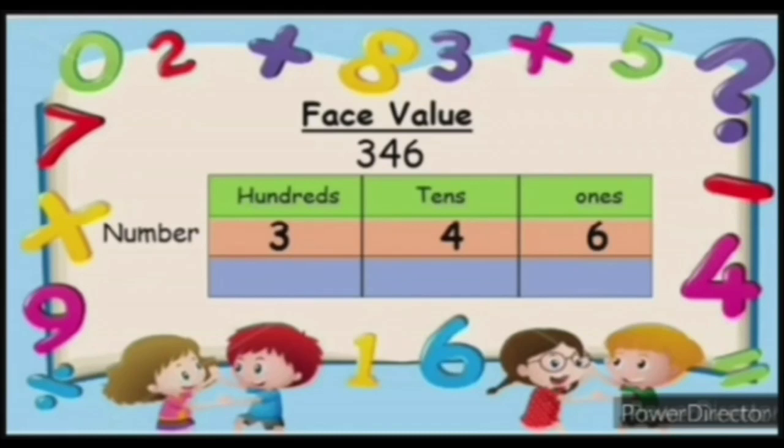The face value of a number is the same as the number itself. So the face value of digit 3 is 3 only. The face value of digit 4 is 4 only. And the face value of digit 6 is 6 only.